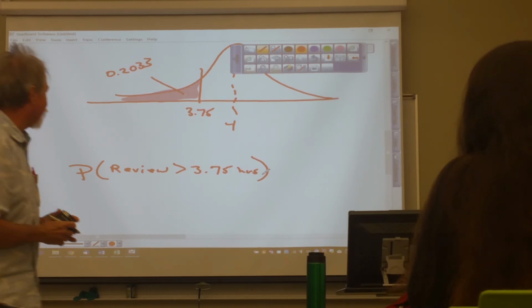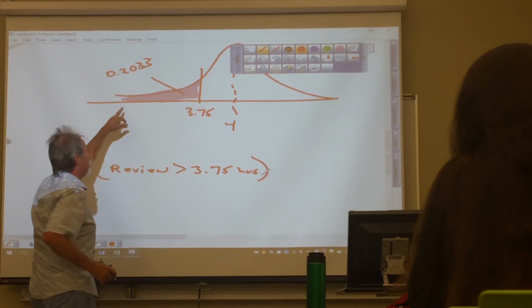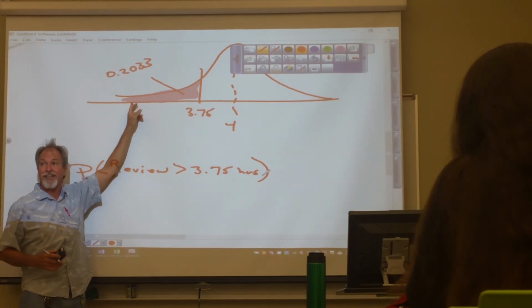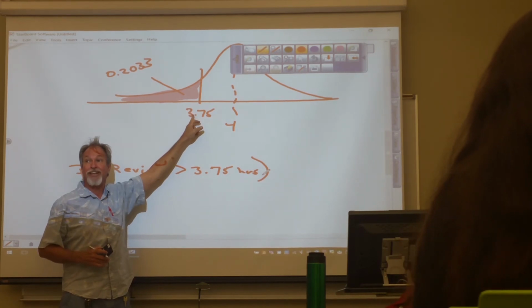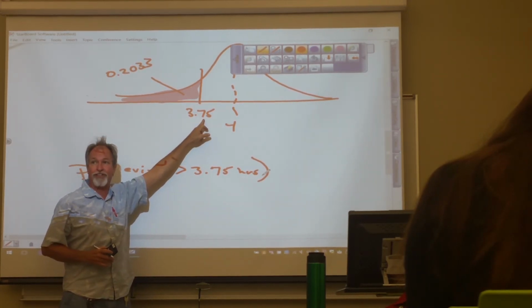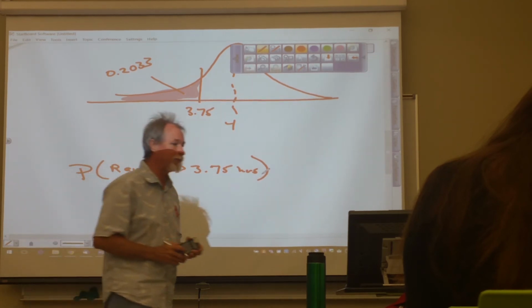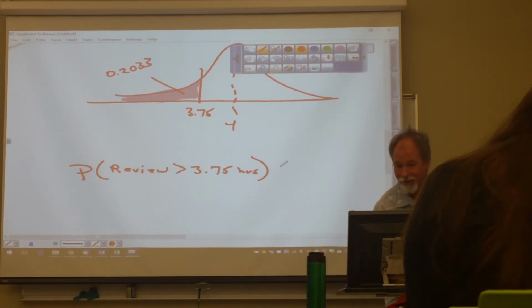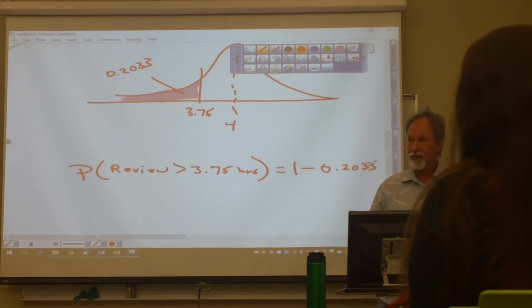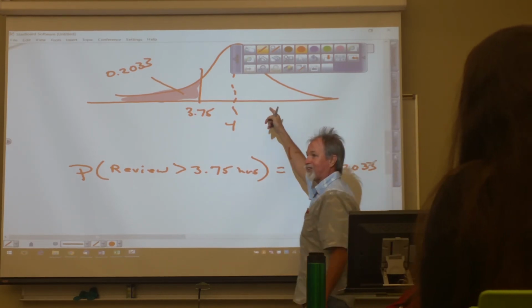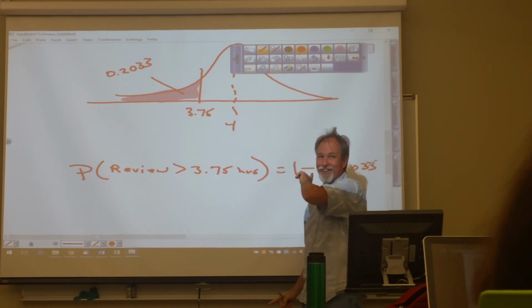Remember, the probability we looked up in the table is the probability to the left. So what we were able to find is the probability that it took less than 3.75 hours. So the probability that it took more is 1 minus 0.2033.